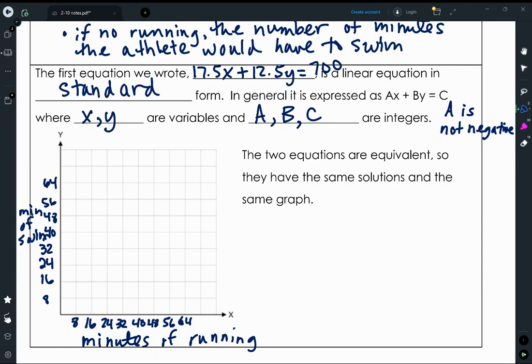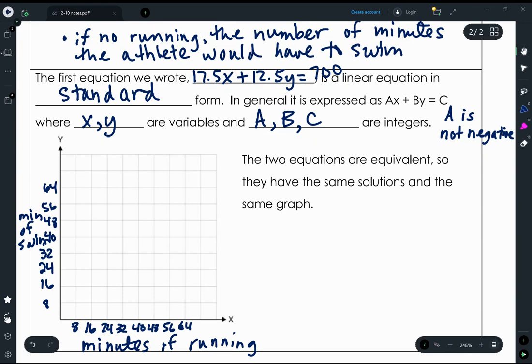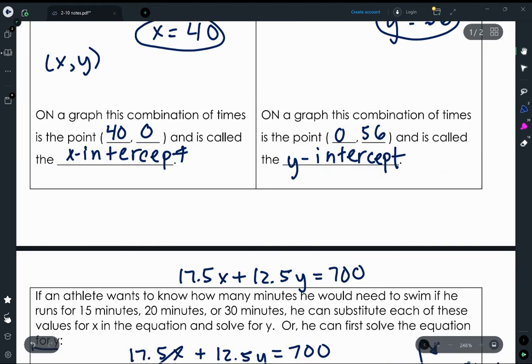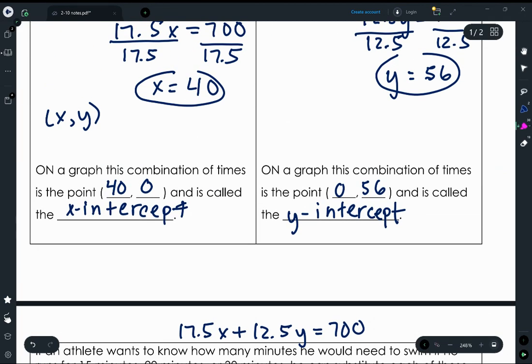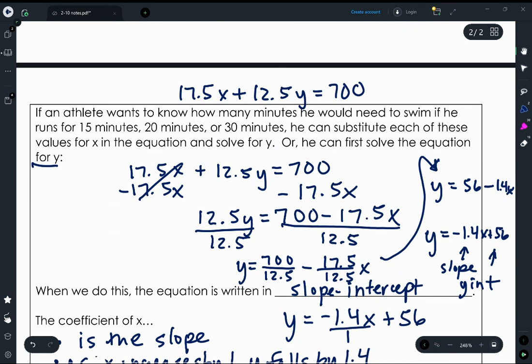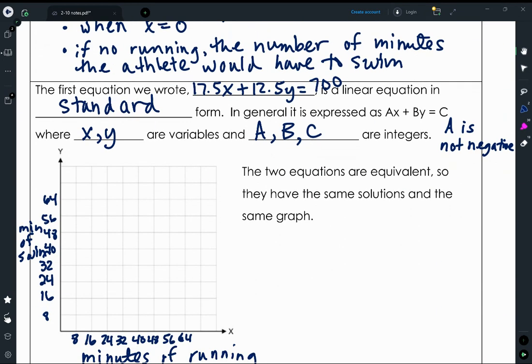So if I look at the data I had on the first page, I had a couple pieces of information. One of them was this point, 40, 0, for running 40 minutes and not swimming at all. I also have this point 0, 56 for not running at all but swimming for 56 minutes. So we're going to go ahead and plot both of those points, 40, 0 and 0, 56.